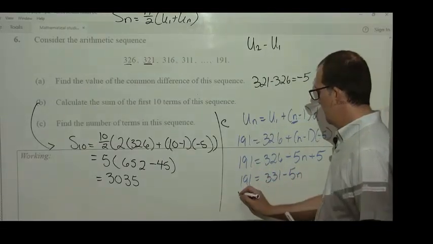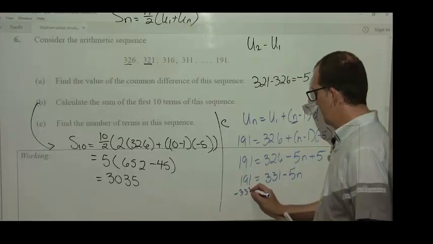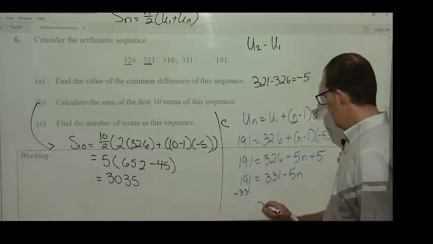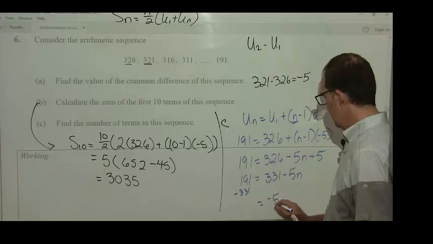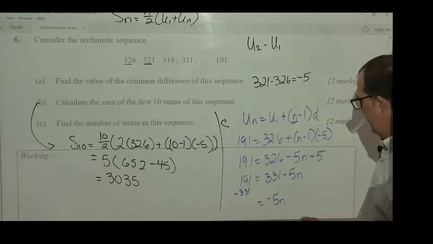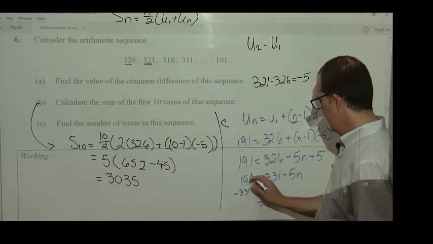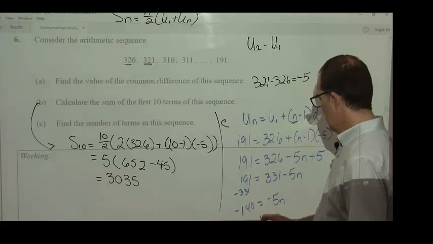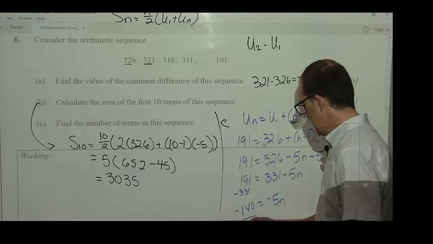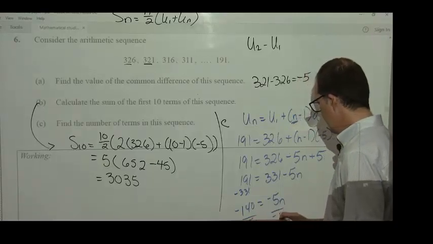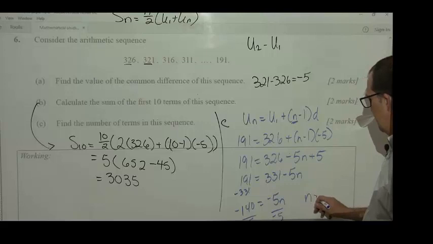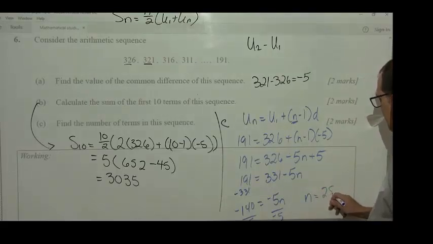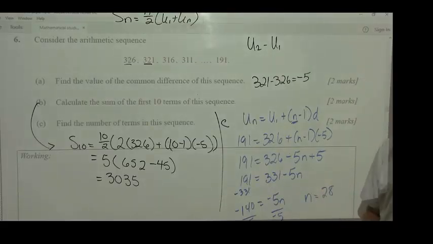Subtract the 331, and we get negative 5n is, and that's going to be divided by negative 5, and n equals 28. So there are 28 terms.